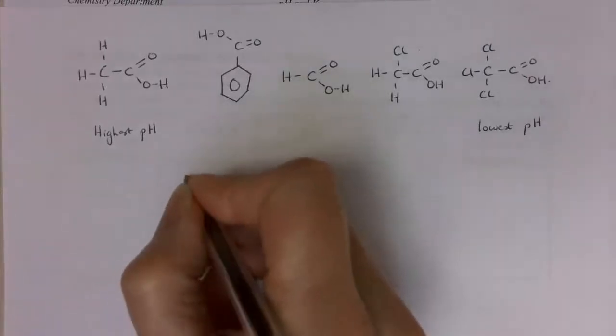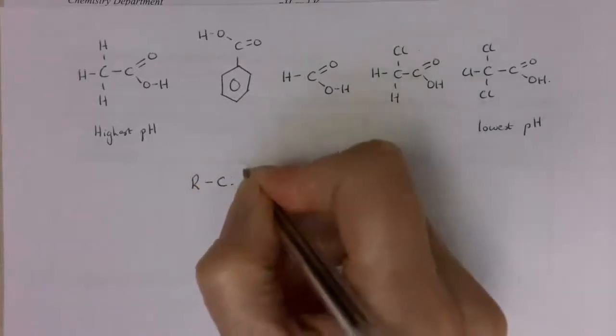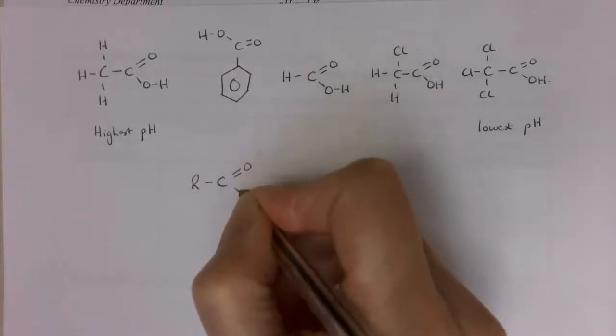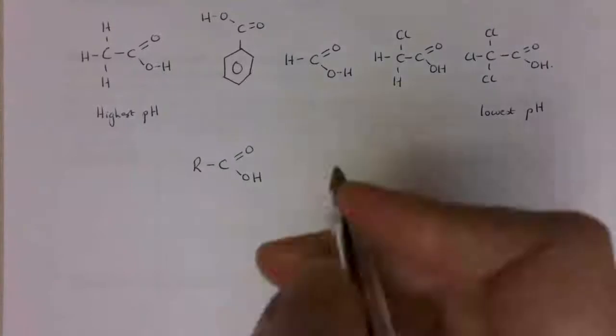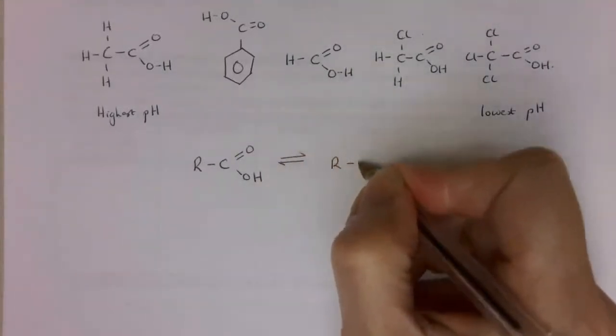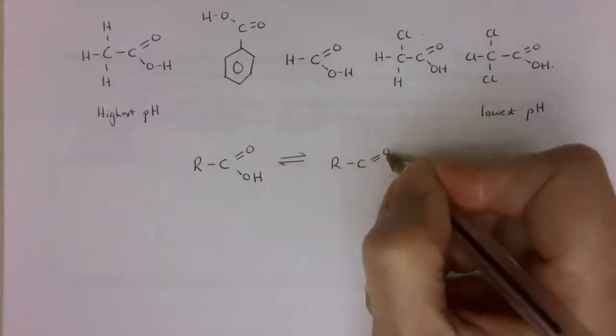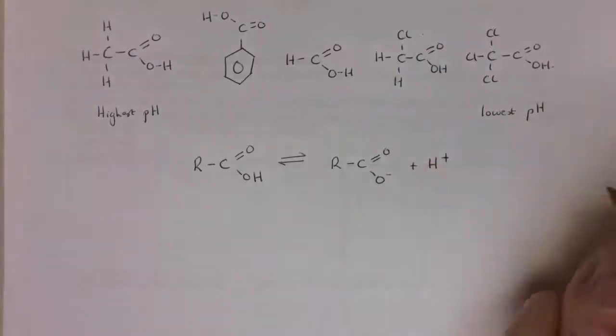First of all, let's consider a normal acid with any R group on it. Because these are all organic acids, they're all defined as weak, but some of them are less weak than others. If you think about what's going on, you're going to have this reaction going on as that hydrogen ion comes loose.